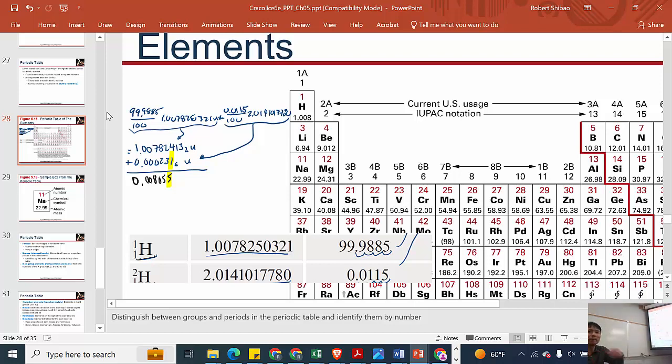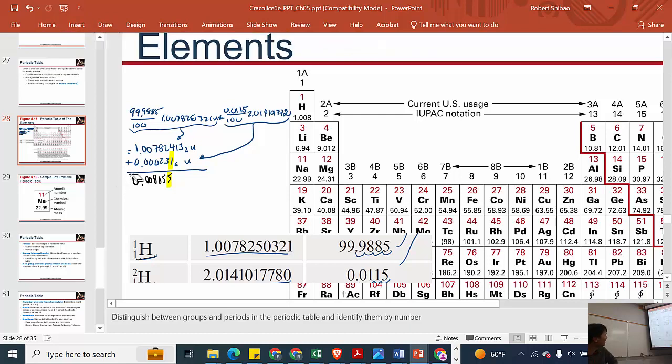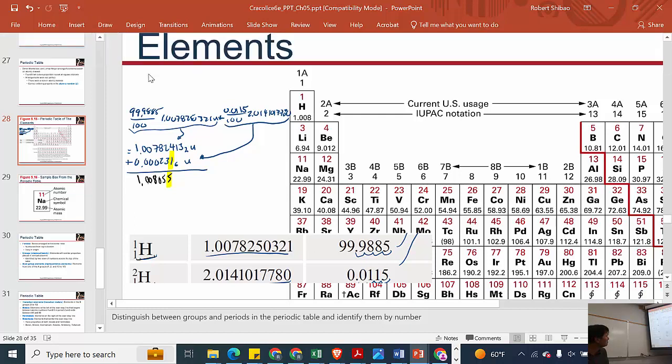Can somebody verify that? And so this needs to come out to 1.008. And so this is what we have. We could be a lot more precise here, but there's not enough room. Since there's not enough room, we'll just go 3 decimal places.